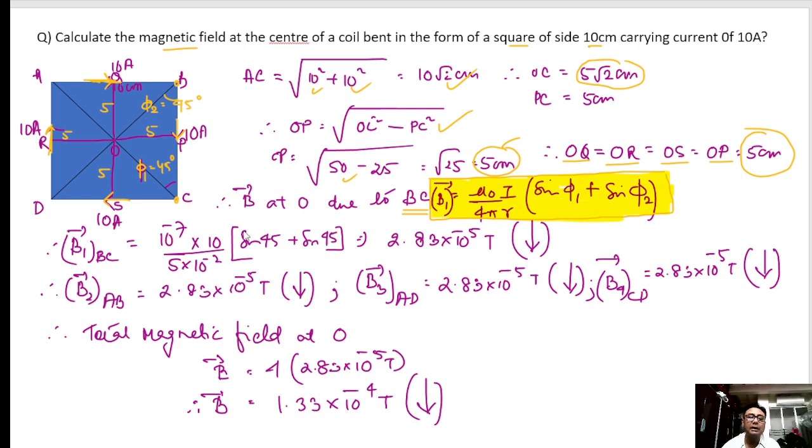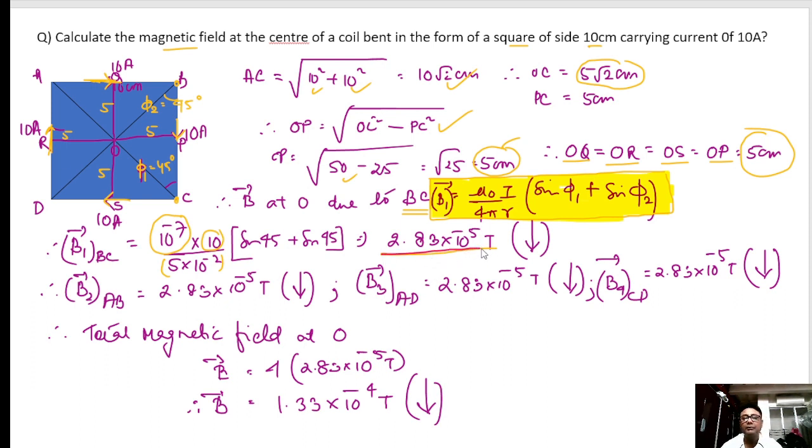So here we are doing this calculation, putting the values of mu 0, I and r. Mu 0 by 4 pi is 10 to the power minus 7, I, sine 45 and sine 45, and on calculating this we get the magnetic field at the center due to the wire BC.